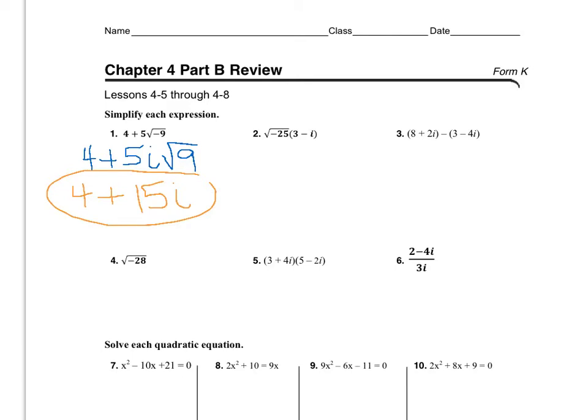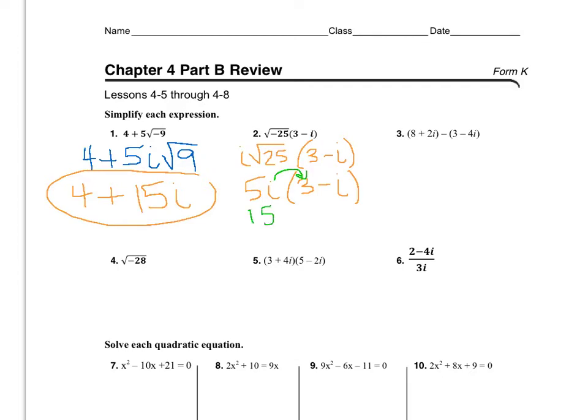Now in the second problem, again, I see this negative underneath my radical. So I'm going to simplify that. I get i square root of 25 times 3 minus i. But I know that the square root of 25 is equal to 5. So I have 5i times 3 minus i. Now in order to simplify that, I need to do some distribution.